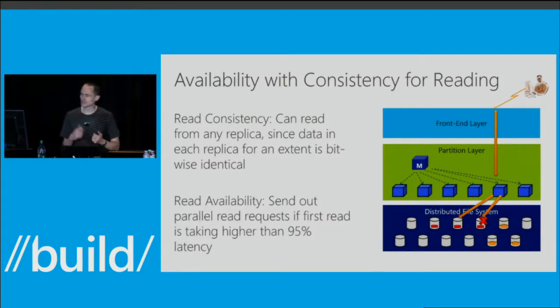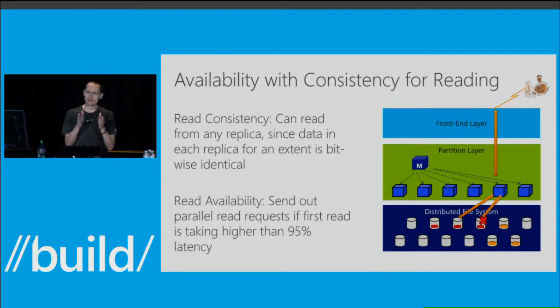Okay? And there's some unique things we do here in that we dynamically monitor the latencies for different sizes of requests to the DFS layer. If that latency goes above the 95th percentile latency, we will automatically issue another request in parallel to one of the other replicas. So, for example, let's assume that the 95th percentile latency for this size of request is 40 milliseconds.